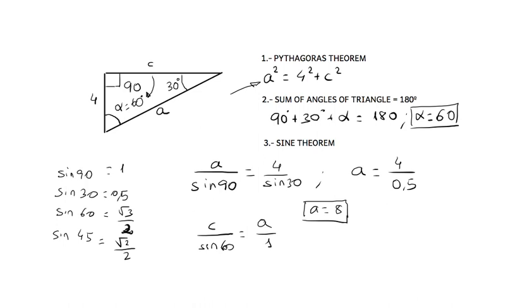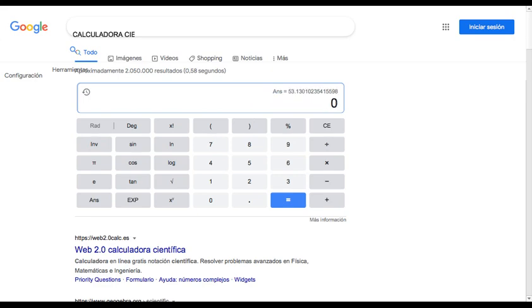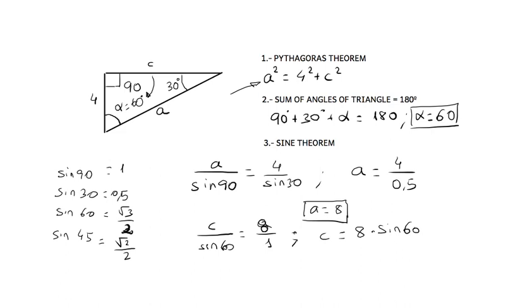So c is 8 times sine 60, which equals 6.92. So c is 6.92. Okay, so we've got everything, alpha, a, and c.